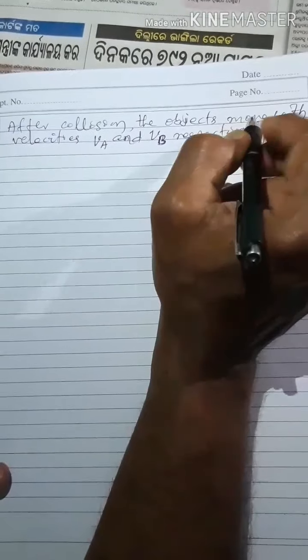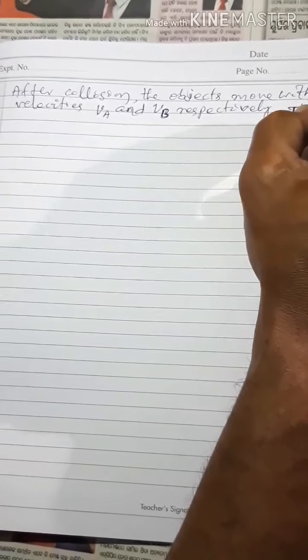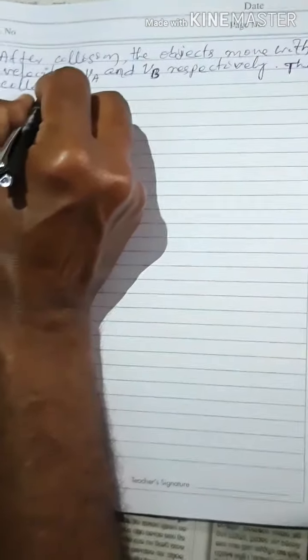Clear? The collision lasts for a time t, small t. Okay, clear?